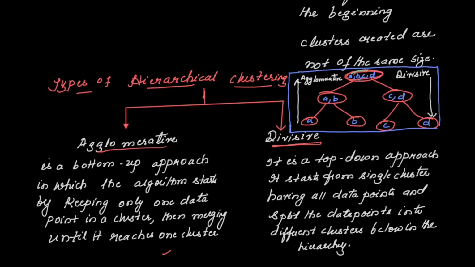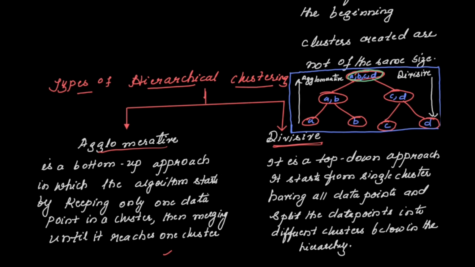In this diagram, you can see on the top of the hierarchy you have the points A, B, C, D. Suppose you want to see the functioning of agglomerative and divisive; I'll explain with this diagram. If I am trying to split these data points, it is a top-down approach, and the top-down approach is called the divisive approach.